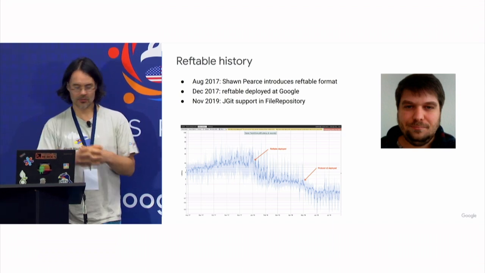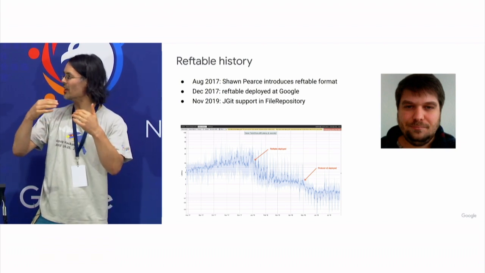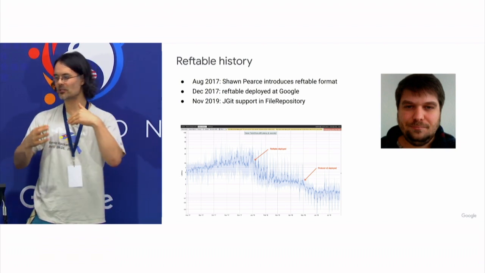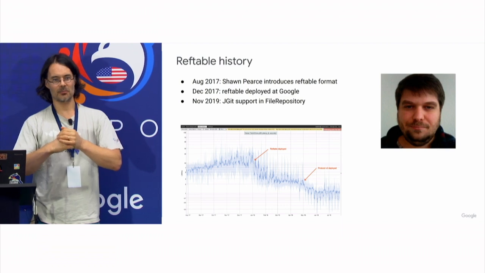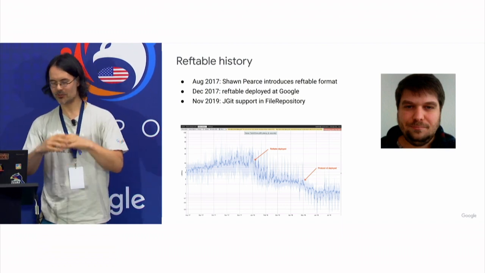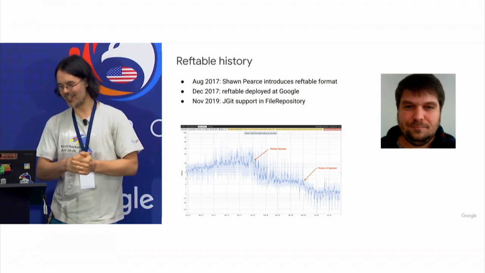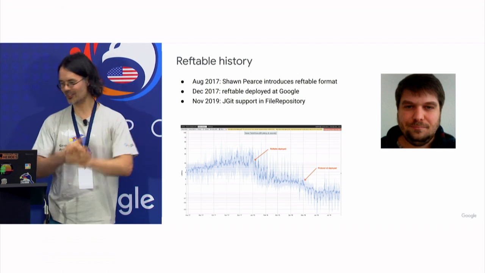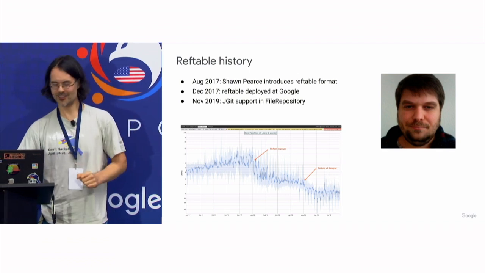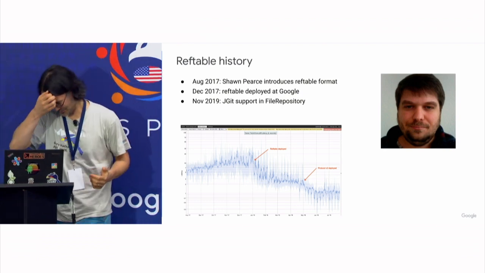So Sean did this for our deployment at Google. He wrote the code to serialize the format to use it. But the part where it is available to the normal mortals that run it on local storage, no one ever did that until a couple months ago, when I thought, maybe I should fix this.